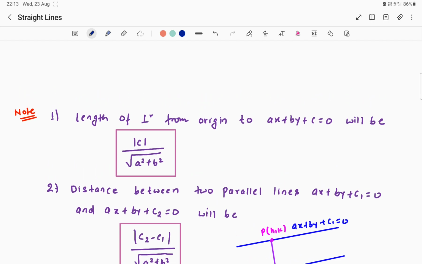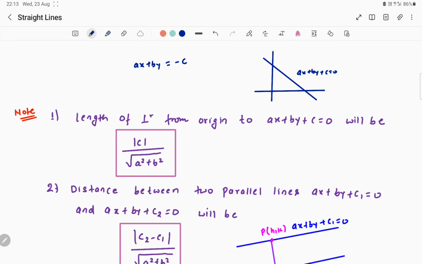So let's say now we want to find the perpendicular distance of a line from the origin. Suppose the line equation is ax plus by plus c equal to 0. If you remember the discussion on how to convert a general equation into normal form, we said that first you transpose the c to the right hand side and ensure that the right hand side is positive.